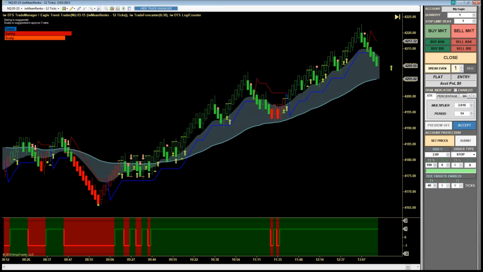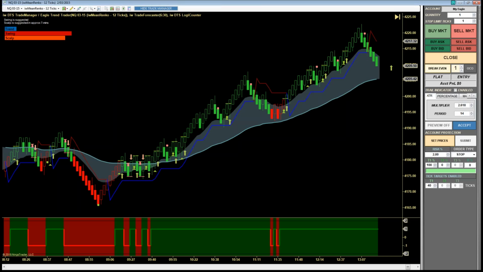So whereas we're normally looking for everything to be in sync, here's actually a signal where the market retreats back to the hard edge, the bar colors change over, but then we generate a buy signal. So what does that tell us? Well, that tells us that according to the Eagle, the market drifted low enough to actually change the bar color.